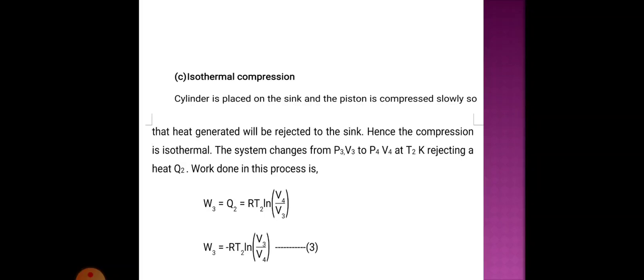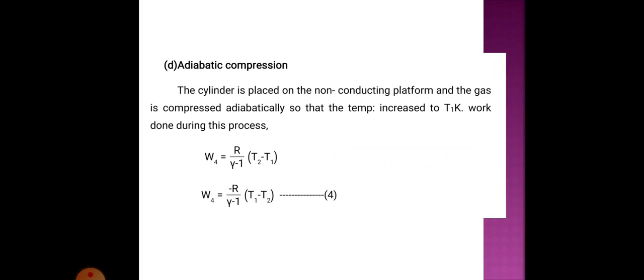Now the fourth segment, adiabatic compression. ഇപ്പോൾ ഐസോതെർമൽ കംപ്രഷൻ്റെ സമയത്ത് സിങ്കിന് മുകളിലാണ് സിലിണ്ടർ ഉള്ളത്. Now the cylinder is taken from the sink and it is again placed on the non-conducting platform. Non-conducting platformൽ സിലിണ്ടർ വെച്ച് കഴിഞ്ഞാൽ system becomes perfect adiabatic, perfectly isolated.